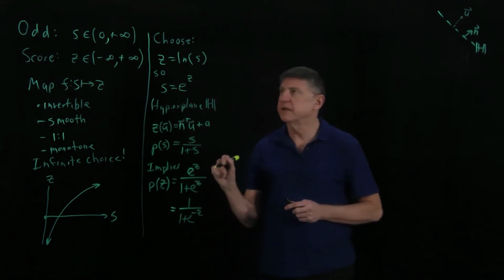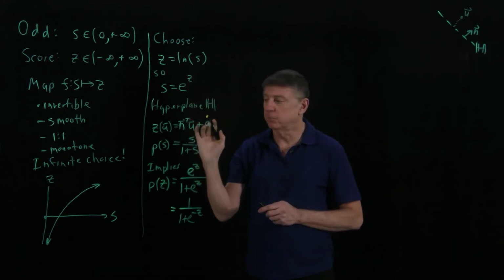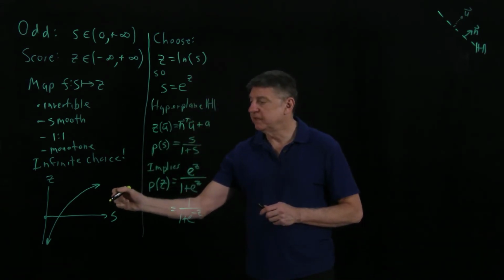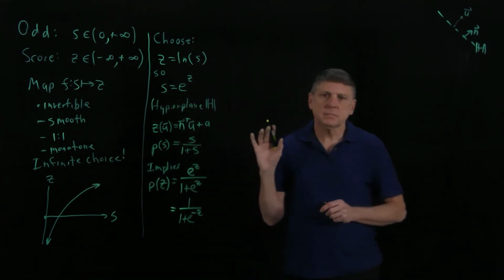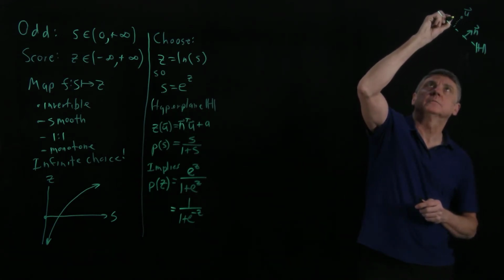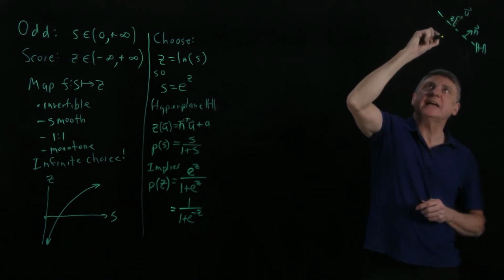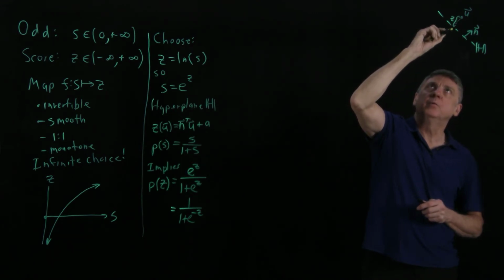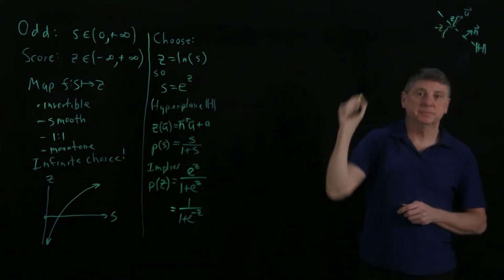Let's make an observation about why the logarithm is a particularly good choice for the mapping between the odds and the score. Suppose that this is the score for our vector. Well, if that vector was exactly opposite of the hyperplane, we would want its score to be minus z.